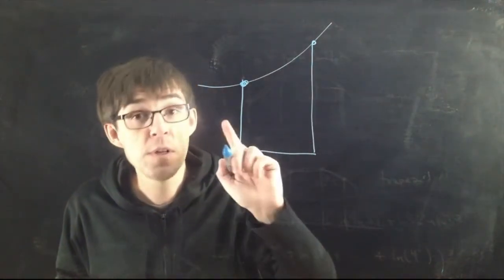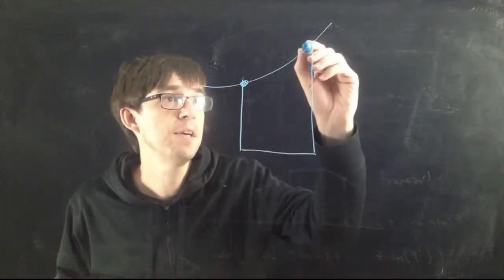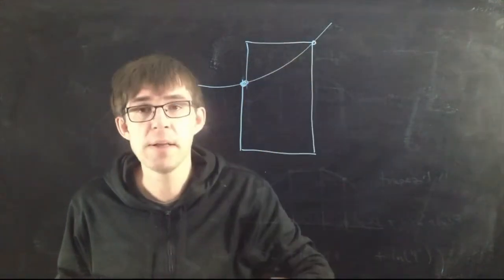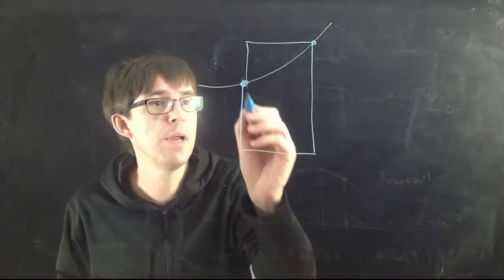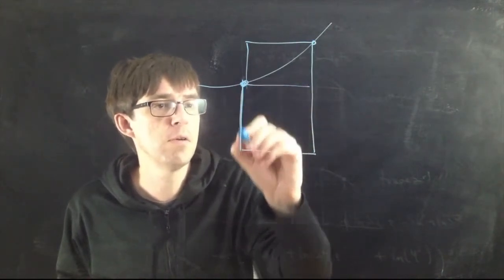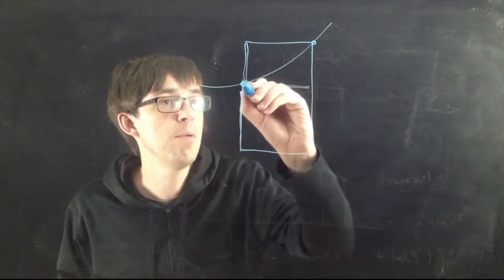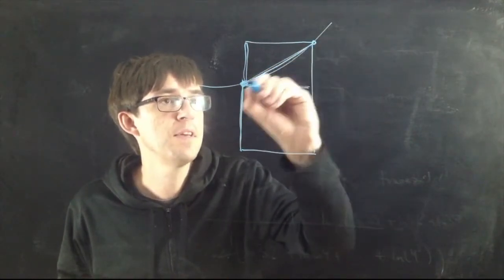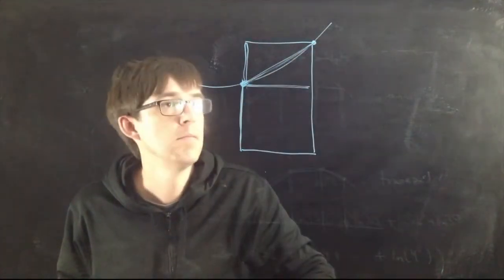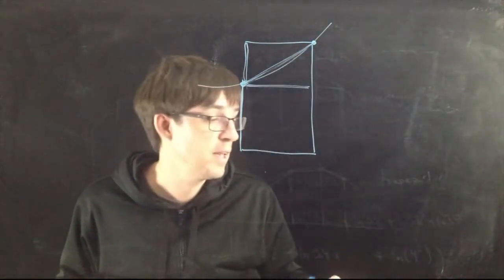Now, if I was going to do the right-hand endpoint rectangles, it would be this big rectangle, right? If I was going to do the left endpoint, it would be this smaller rectangle going down to the bottom both times. And if I was going to do the trapezoid, we would cut it off diagonally like that.